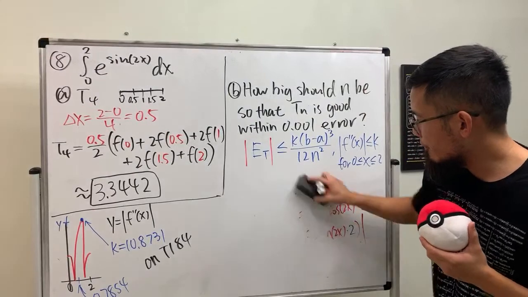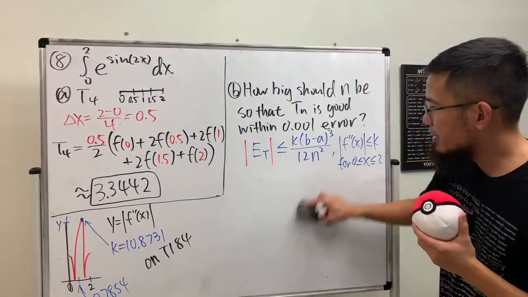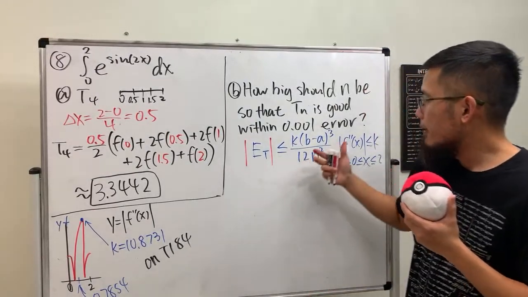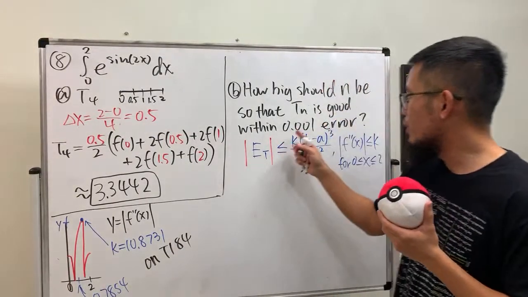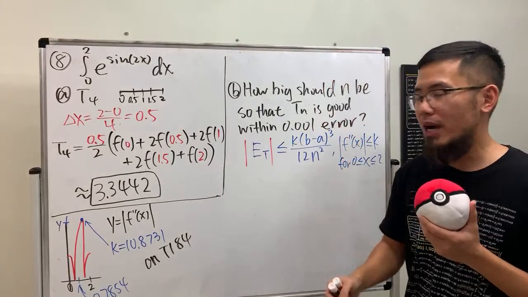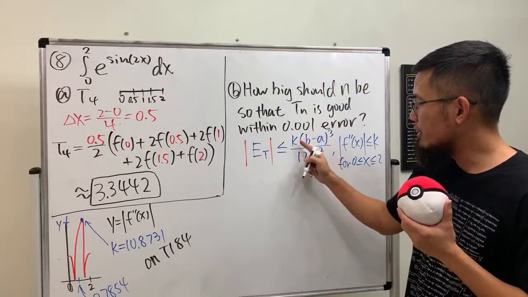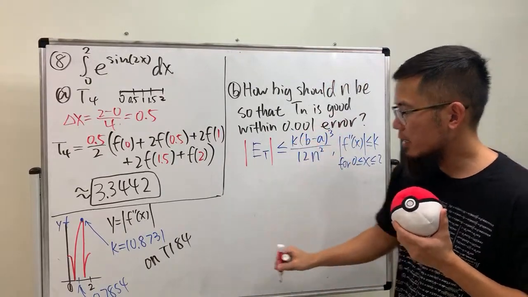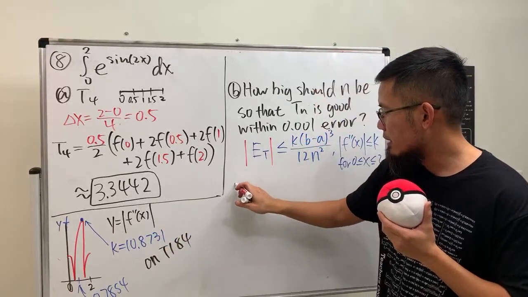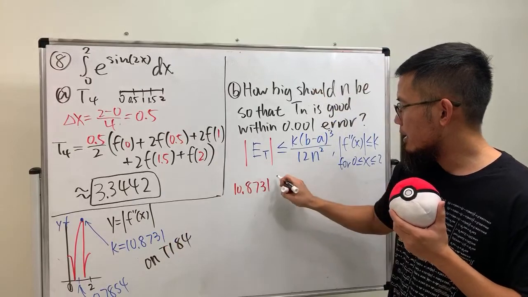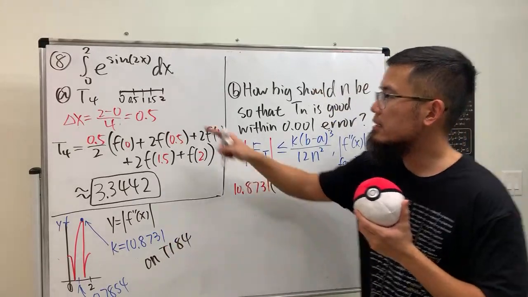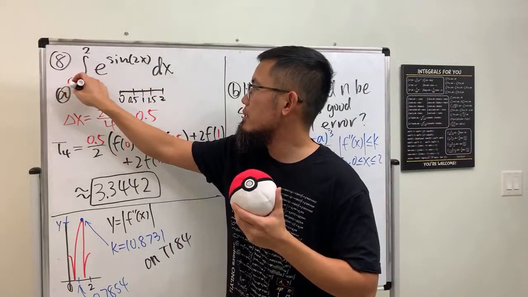All right, now come back here. We want to make sure that the trapezoidal rule is good within 0.001 error, right? All we have to do is put this down first. We know the k is that, so I will put down 10.8731 times the b minus a. Because remember, it's the integral from a to b.